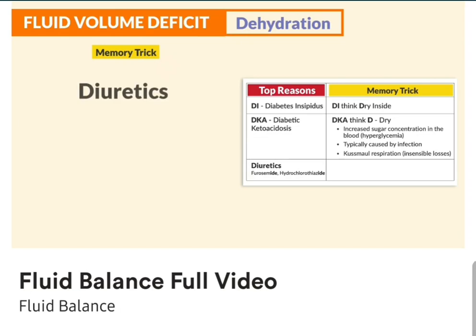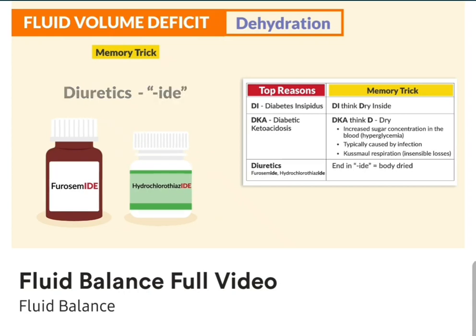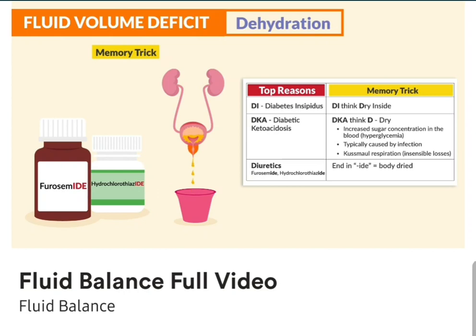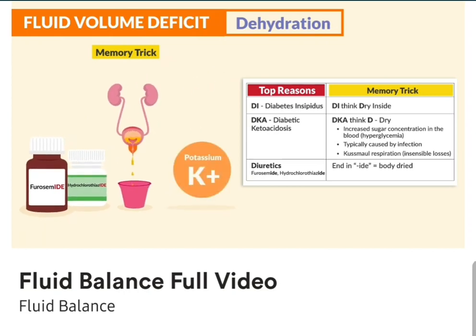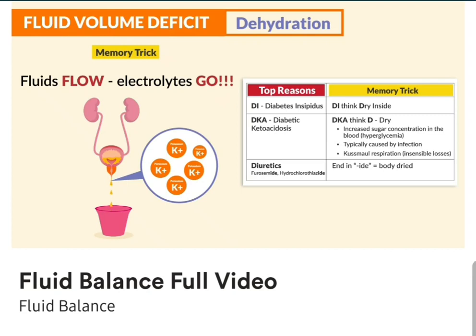Okay, the last D is for diuretics, like furosemide and hydrochlorothiazide. Now these end in "ide", so think the body is dried. Now as you will learn, diuretics drain fluid from the body and into the potty. So we also have a loss of electrolytes here too, mainly potassium. Because as you know, where fluids flow, electrolytes go.